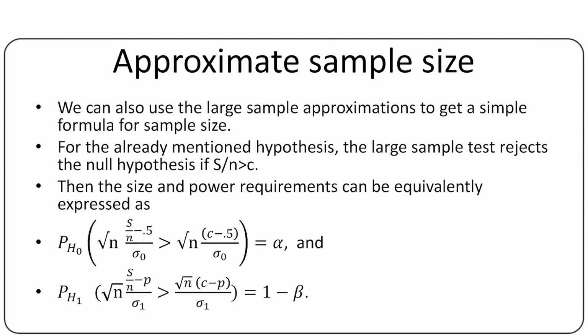If sigma i squared is the asymptotic variance of square root of n times S by n under Hi, then the above requirements can be equivalently expressed in terms of the standardized variables, square root of n times (S by n minus 0.5) divided by sigma 0, and square root of n times (S by n minus p) divided by sigma 1, as in the slide, so that large sample distributions of these variables can be used.